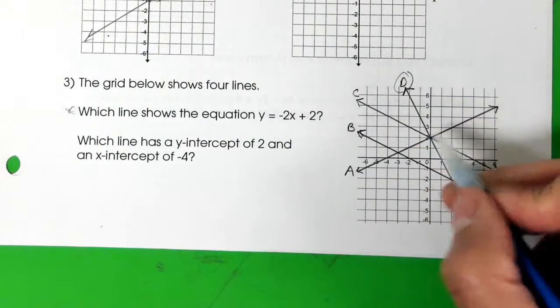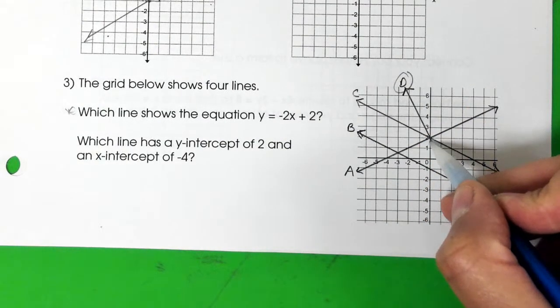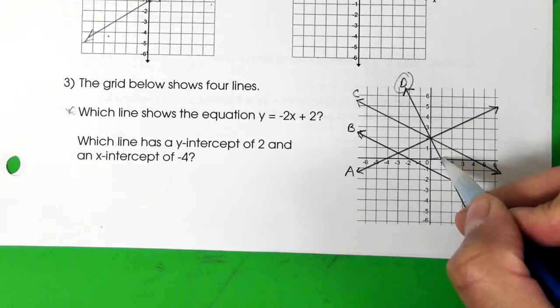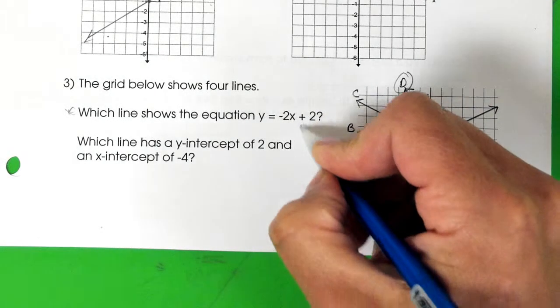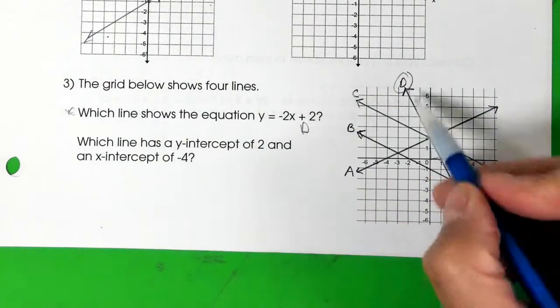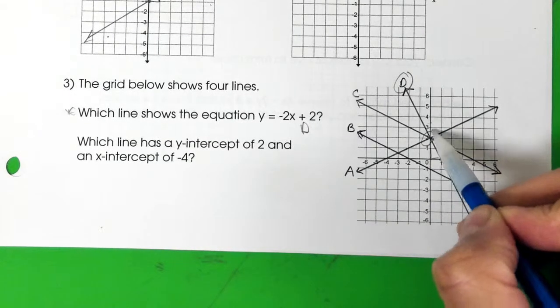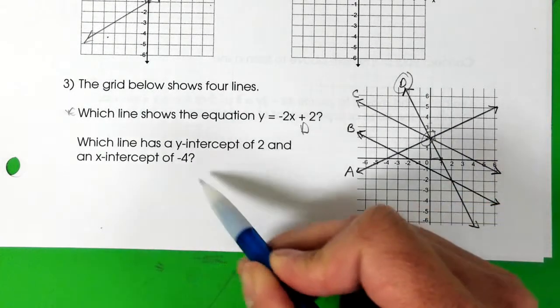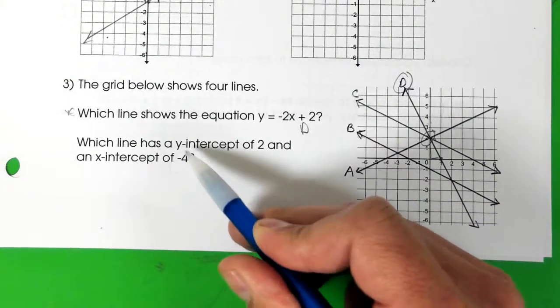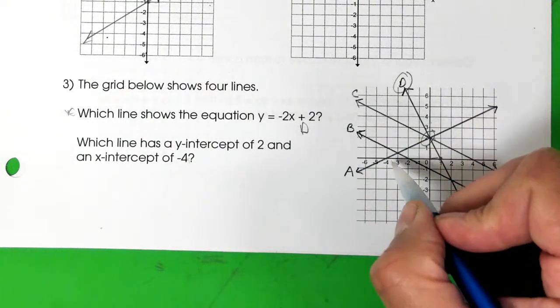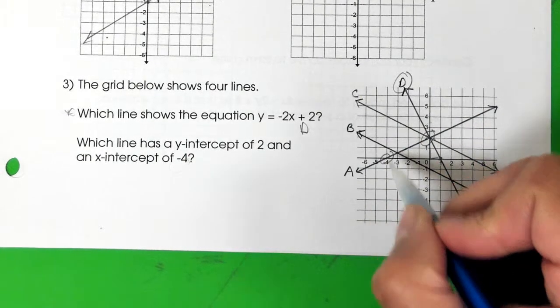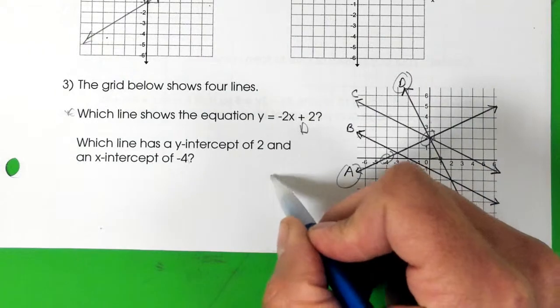Well, the y-intercept is there at 2, and then the line goes down 2 units and to the right 1. So that's line D. The y-intercept of 2, well, actually there's 3 lines that have a y-intercept of 2. But only one of those lines has an x-intercept of 4, and that would be right here. And that's line A.